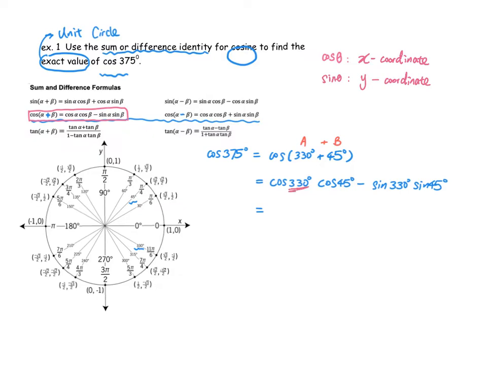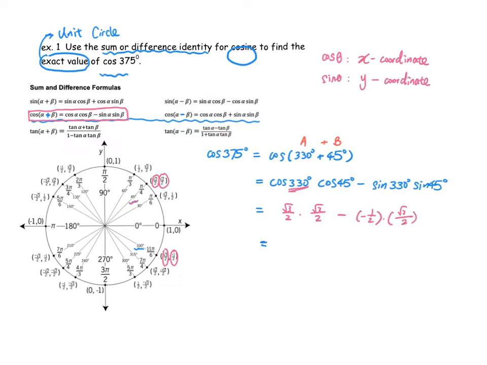So 330, which is right here, cosine gives me radical 3 over 2, times cosine 45, the x value, radical 2 over 2, minus sine 330, which is negative 1/2, times sine 45, the y value, radical 2 over 2.